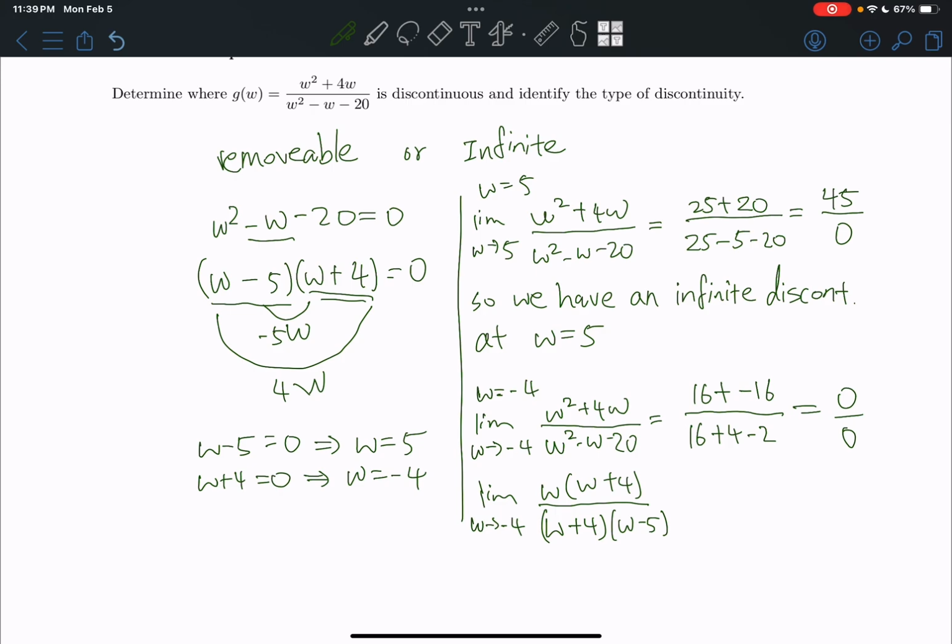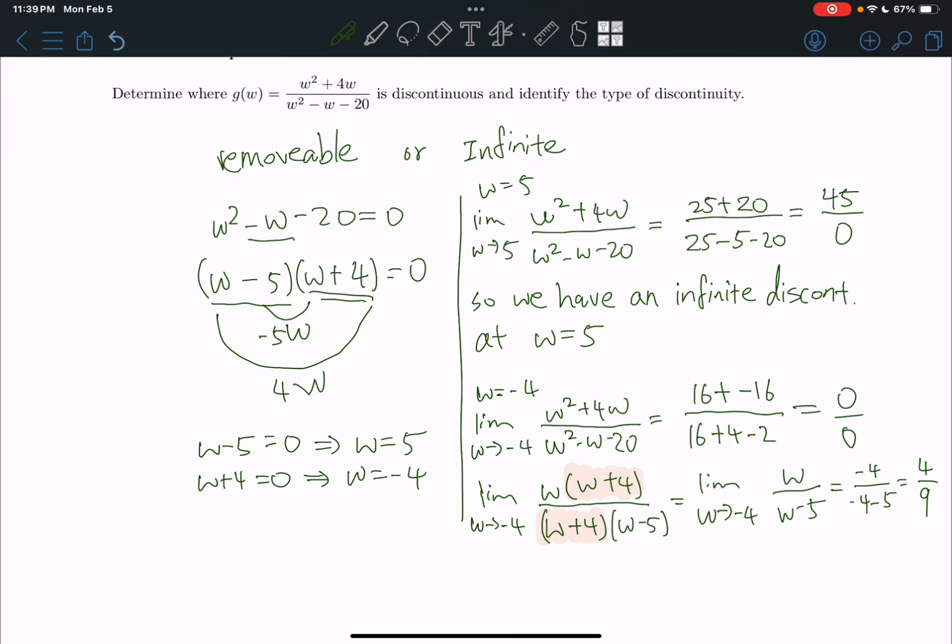We can easily see a cancellation: the w plus 4 cancels out. So this becomes the limit as w approaches negative 4 of w over w minus 5. Now if you plug in negative 4 again, you get negative 4 over negative 4 minus 5, which gives you 4 over 9, since the double negative cancels out.